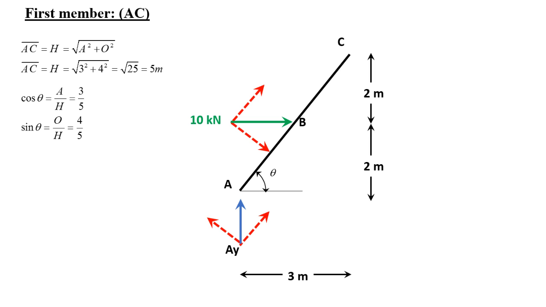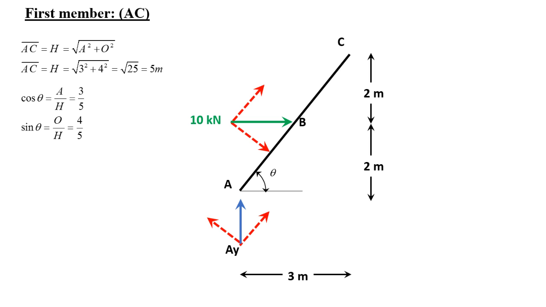And the sine of this angle theta is the opposite over the hypotenuse, which is 4 over 5. So whenever we see a cosine theta, we substitute it by 3 over 5, and whenever we see sine theta from now on, we substitute it with 4 over 5. So cosine is 3 over 5, sine is 4 over 5.